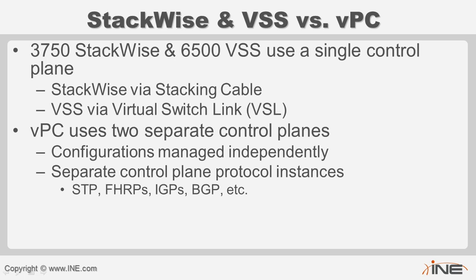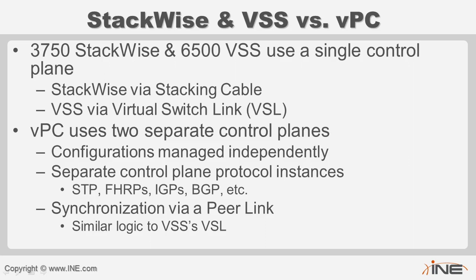And the way that they're able to accomplish this is by what is known as the peer link, which is used to synchronize the control plane between the two devices. So it's similar logic to the virtual switch link for the VSS, which is the physical cable that runs between the chassis. But the key is that the VPC peers are going to be managed independently from an actual management and control plane perspective.